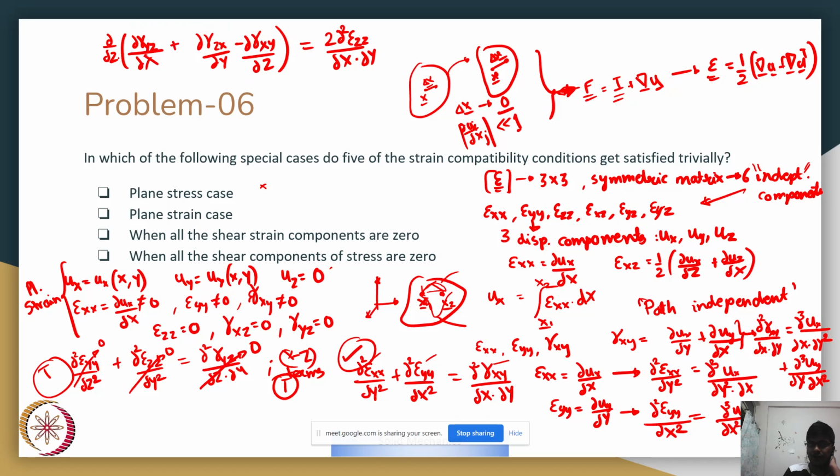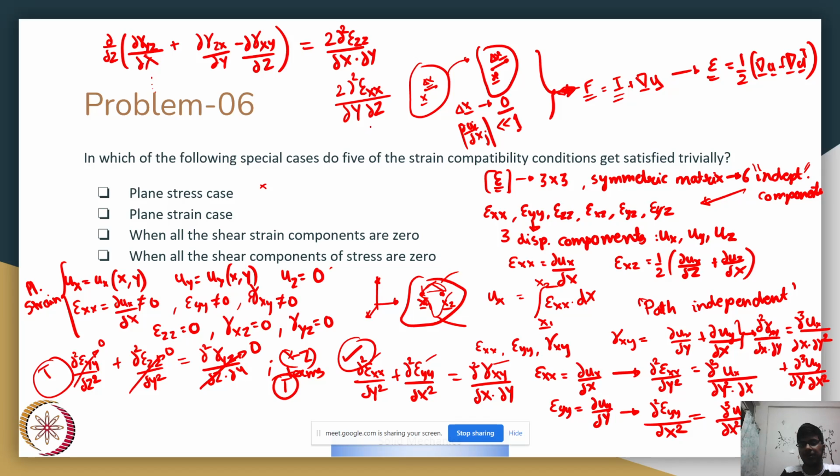So in all three of these set 2 equations, the LHS will always be 0. On the RHS, you will once have a gradient of epsilon zz. Since epsilon zz is 0, this will be 0. In another set of equations, you will have, say, dou square epsilon xx by dou y dou z. Again, epsilon xx will depend on y, but it will be independent of z. So this will also be 0.